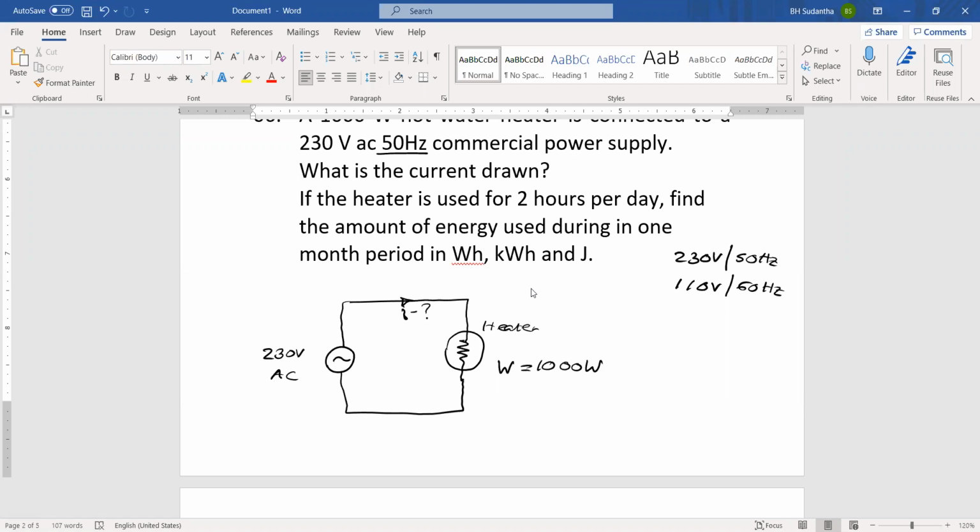In the next question, if the heater is used for 2 hours per day, find the amount of energy used in a 1 month period. For a 1 month period, we have to calculate how much energy we have used, but the duration per day is 2 hours.